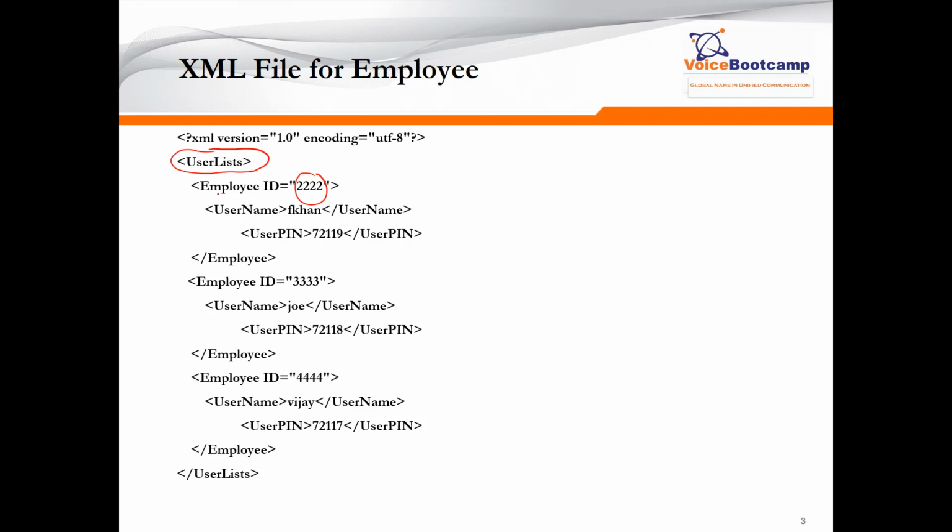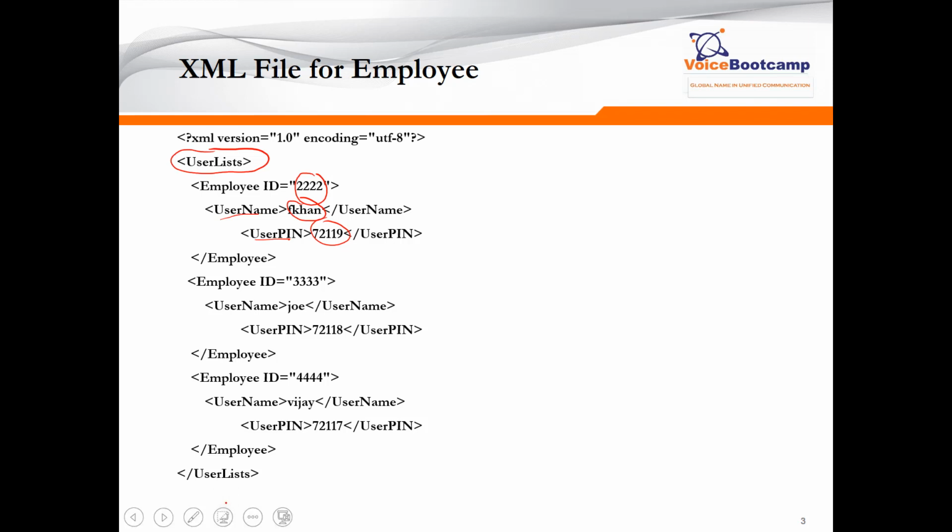Once we identify the record, we will obtain the username from the username field and the PIN number from the user PIN field. We're going to store that information into the respective variables, the end user name and end user PIN. So these are the three things that we need to look at.